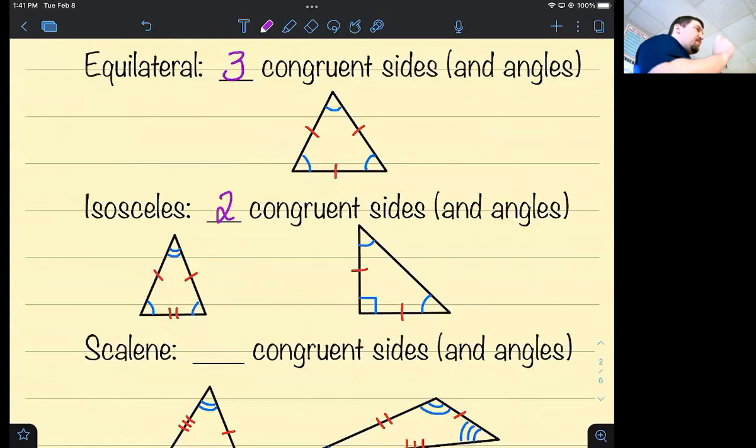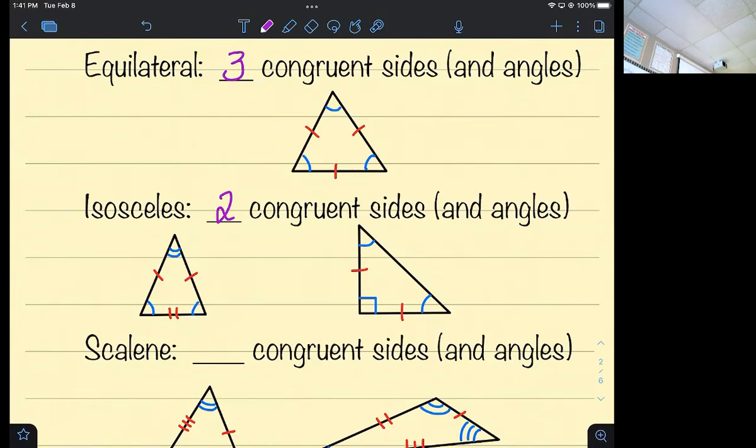I'm using the tick marks here to show what the congruent sides and angles are. In the isosceles triangle, the two bottom angles here are the same. And the two sides that are opposite those angles are the same.